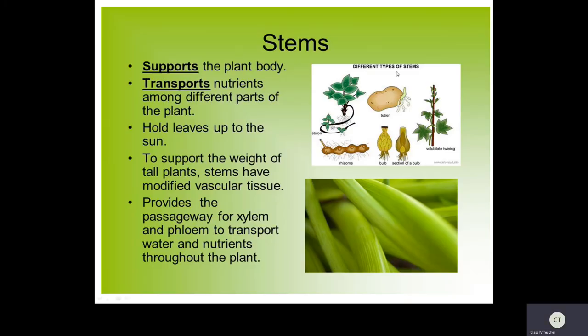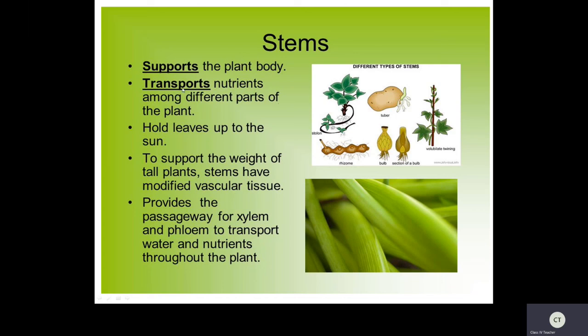Now see here, different types of stems. See, some stems store the food just like our potato, and also you can see bulbs, and this rhizome, that is ginger, all those things will be the storage stems. Okay. And also you can see support of the plant. See who is giving support to the plant body?